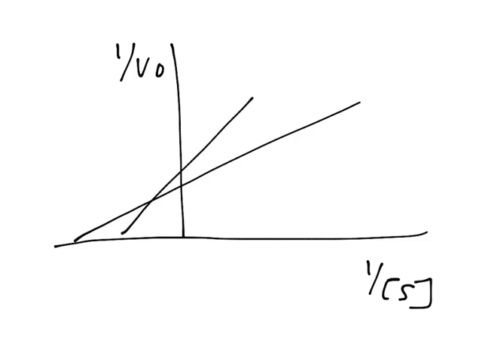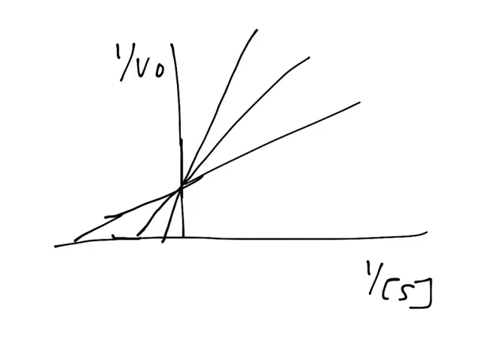It's really hard to draw a straight line freehand on a computer like this. Okay, so we know that this position is 1 over Vmax.